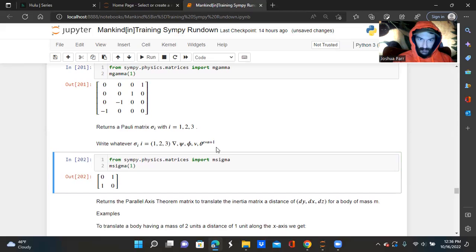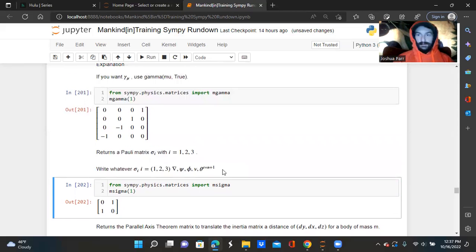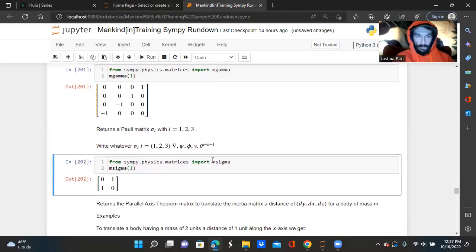You can write just about whatever you want mathematically, and you use the math LaTeX, and that's how you do that. You just go up and make your cell a Markdown cell, and you have to use dollar signs before and after.